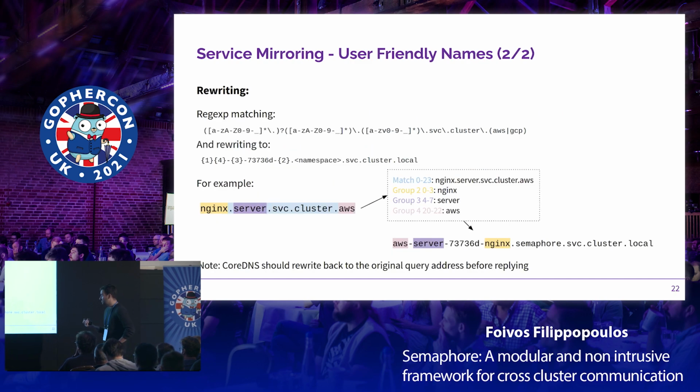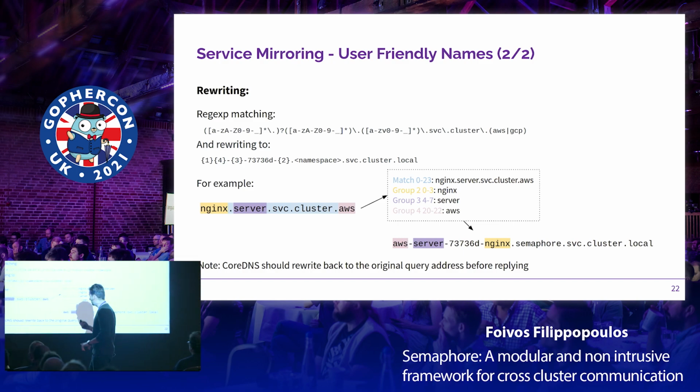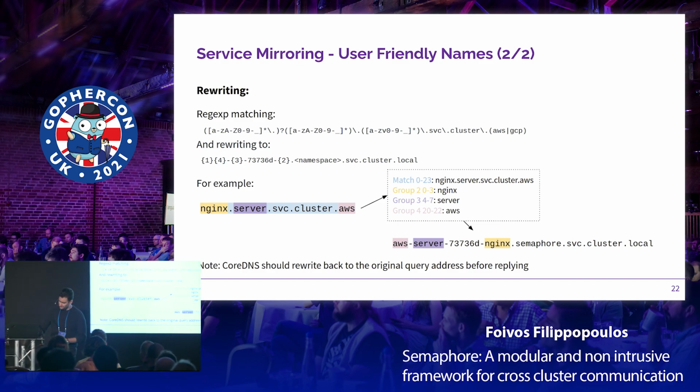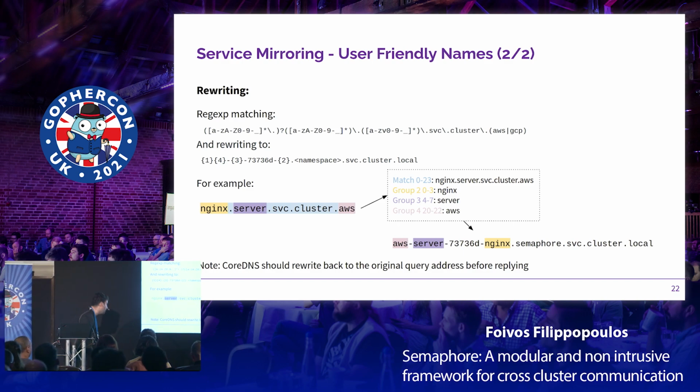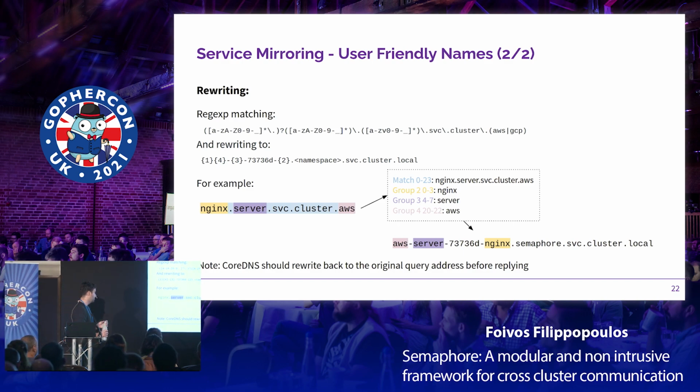Now, for that, we're going to do some regular expression matching and rewriting of the queries. Everyone is familiar with regex, so I'm not going to go into much detail about this bit, but the idea here is that we just group the address that was queried by a client, and we rewrite it always to the format we expect this to be mirrored locally.